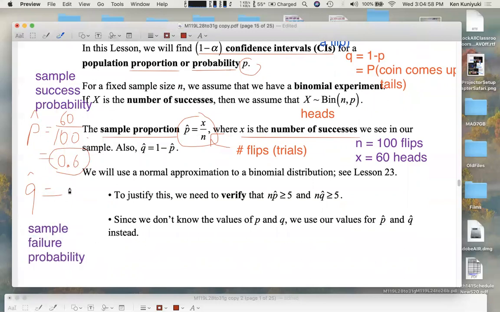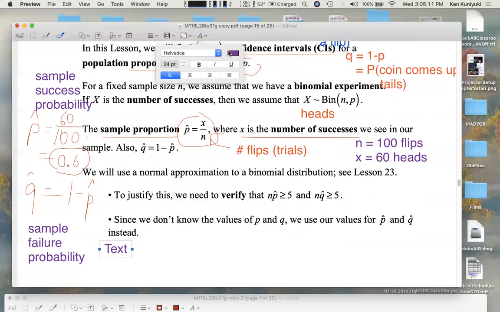And how do we get q hat? Q hat is 1 minus p hat. It's the complement. So the complement here would be 1 minus 0.6, or 0.4.